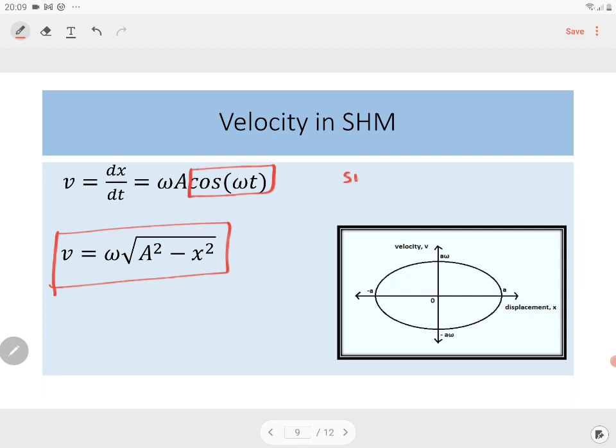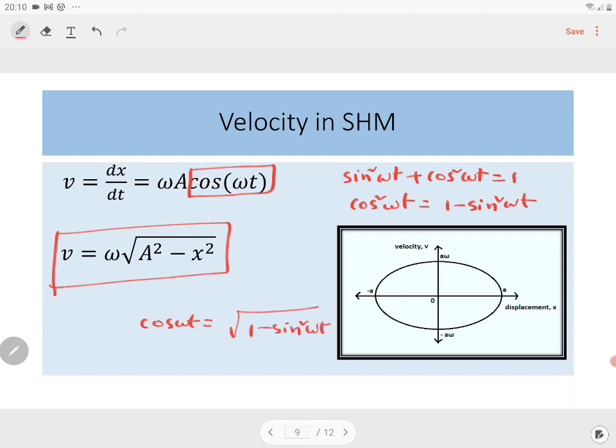Sin square omega t plus cos square omega t is equal to 1. So cos square omega t is equal to 1 minus sin square omega t. So cos omega t is equal to root over 1 minus sin square omega t. In place of this cos omega t, you can substitute that.